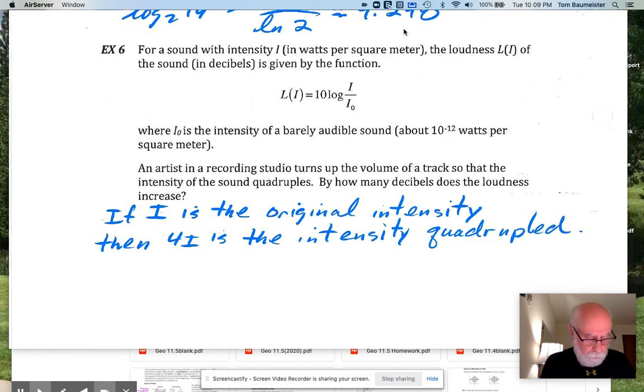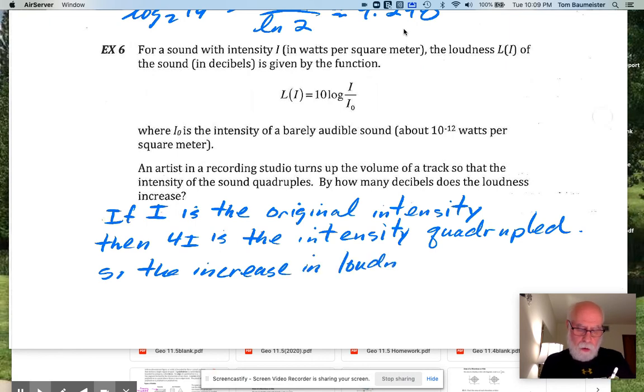Okay, so the increase in loudness is equal to L sub 4I minus L sub I.